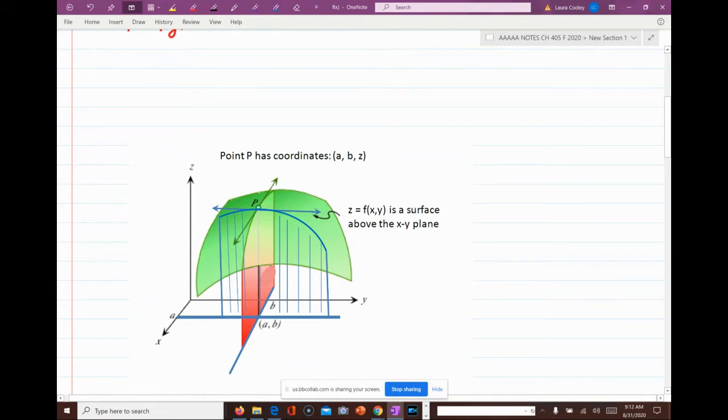Then you could think about what you have here, right? You could call it z if you want, is f of xy. You could think about it as being a surface above the xy plane. Every xy, here is AB, for example, has a point above the surface.